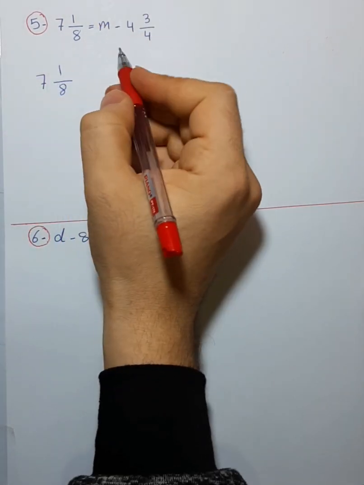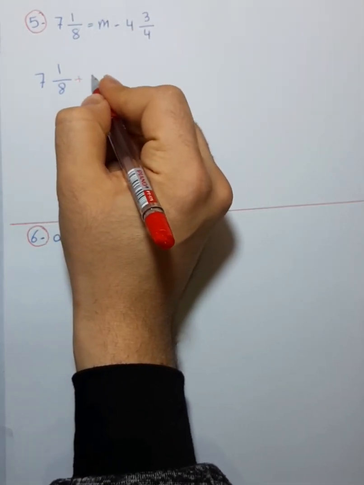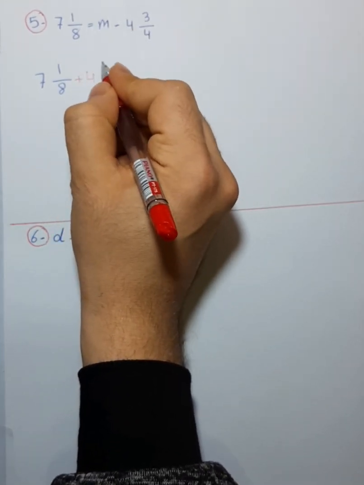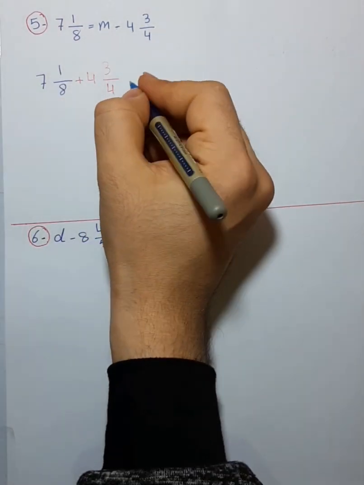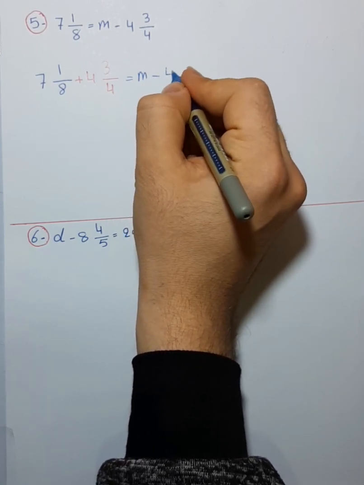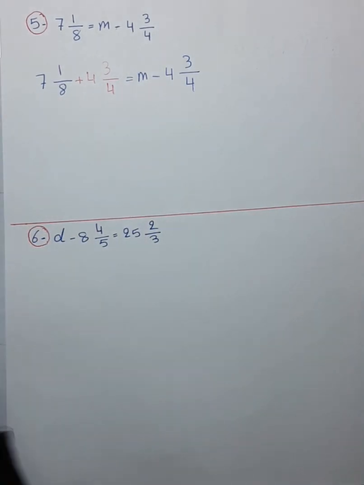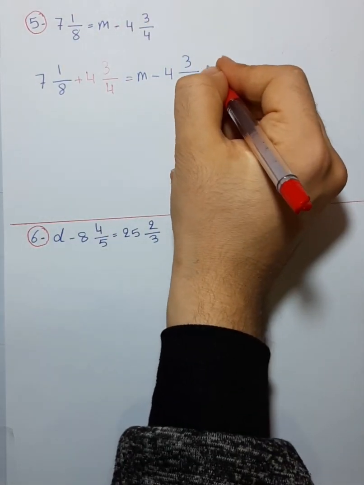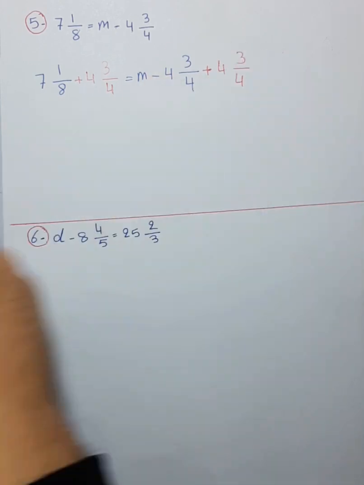The inverse of minus 4 and 3 out of 4 is plus 4 and 3 out of 4, equal to m minus 4 and 3 out of 4 plus 4 and 3 out of 4.